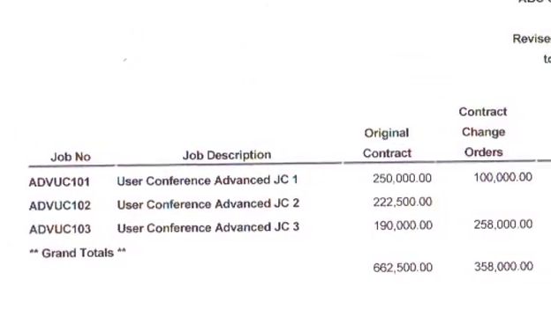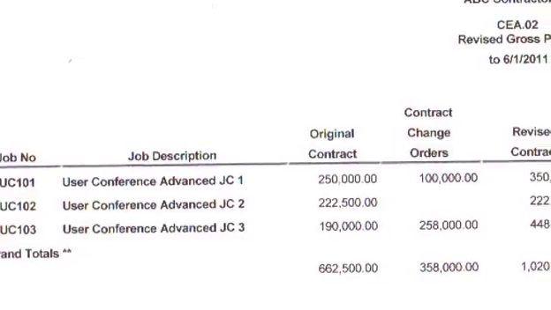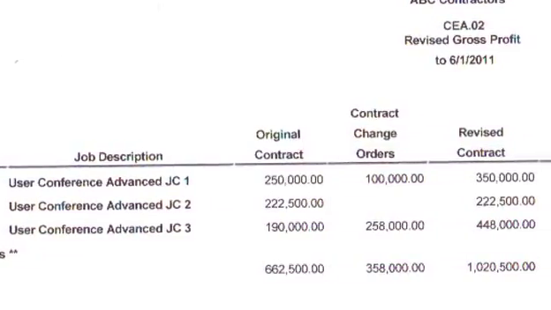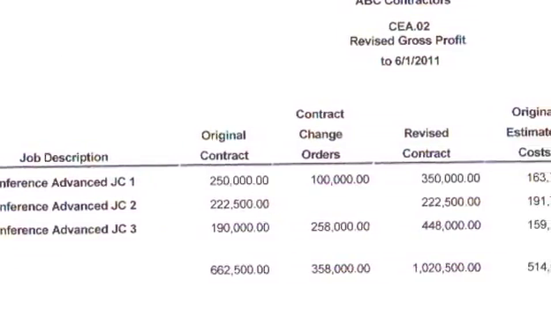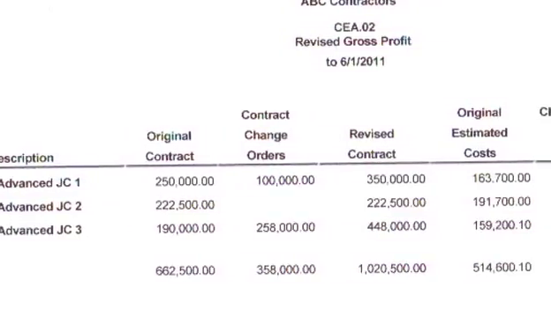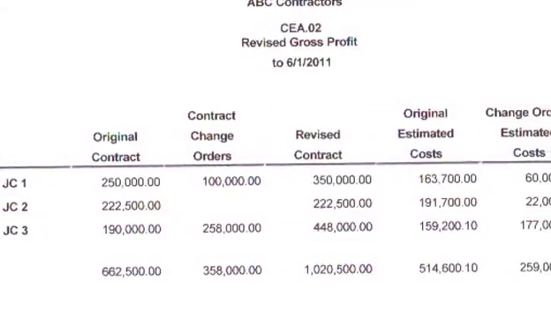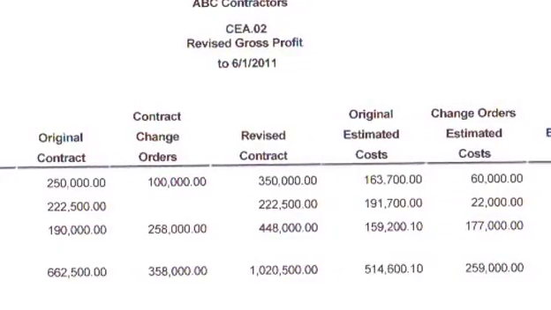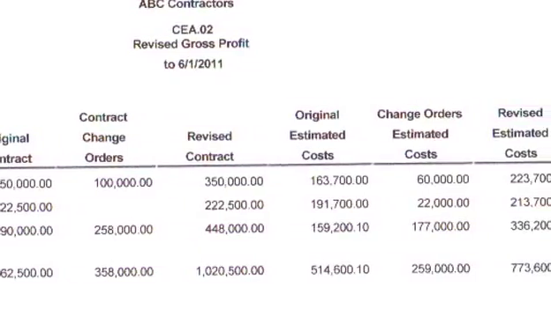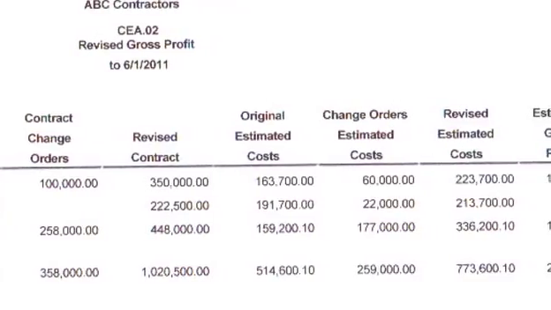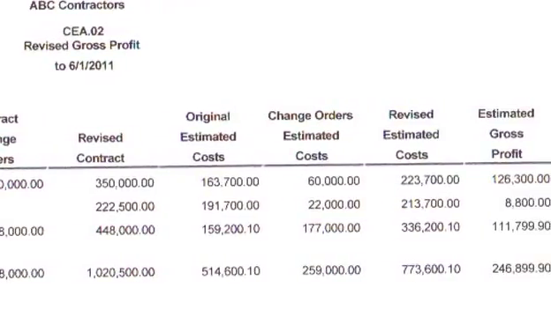The equations aren't here, but if you look at the numbers, I've got my original contract, and if I add in my contract change orders, my new revised contract, or what I'm expecting to bill, is going to be $350,000, right? My original estimated costs were $163,000. I've got $60,000 in additional costs, so my revised estimated costs are $223,000.